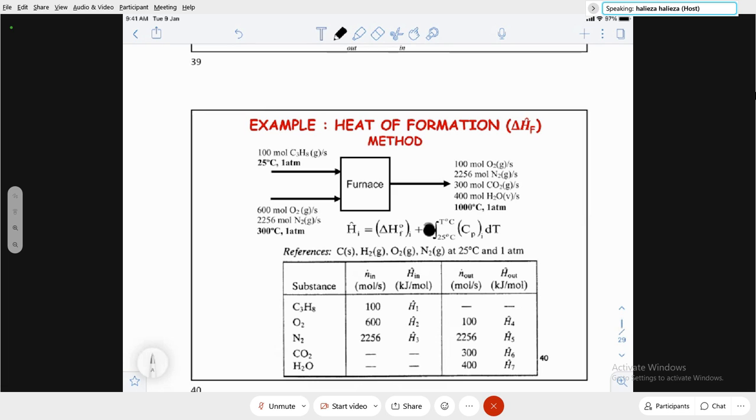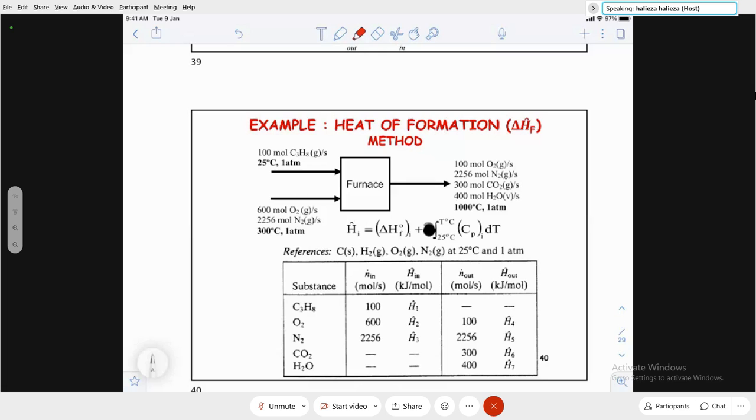the reference state is very, very different. Because you're getting the heat of formation, you have to start from the elements themselves that occur naturally in nature.